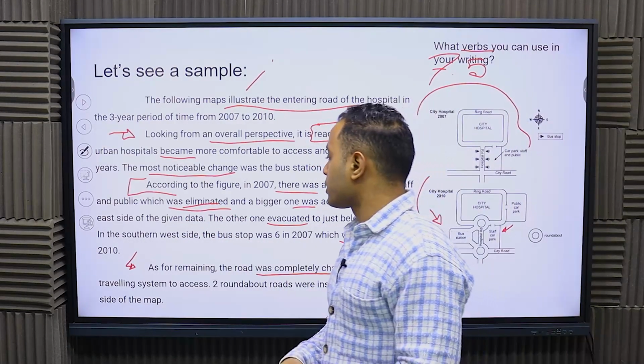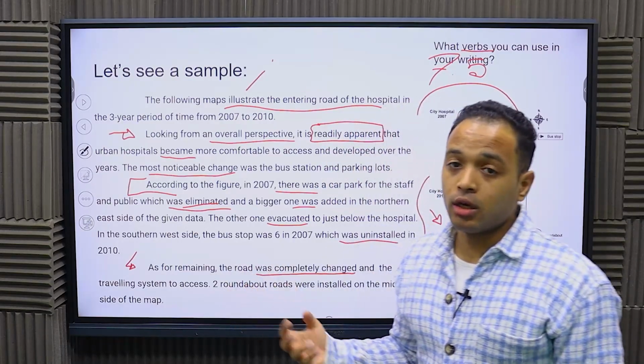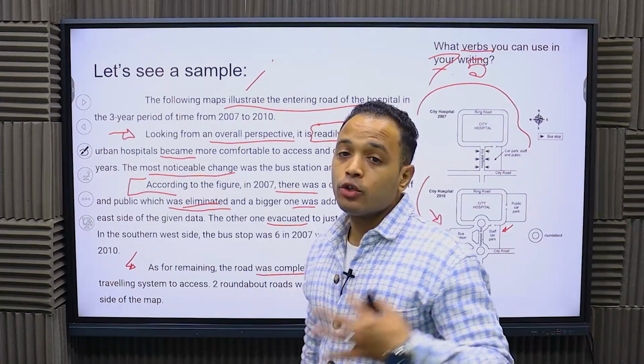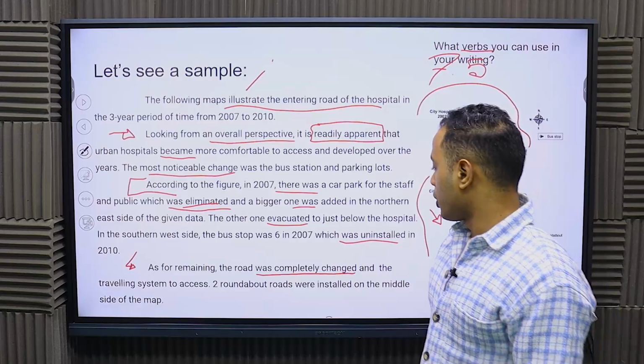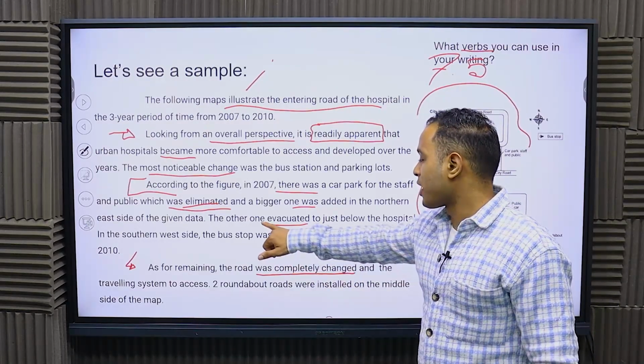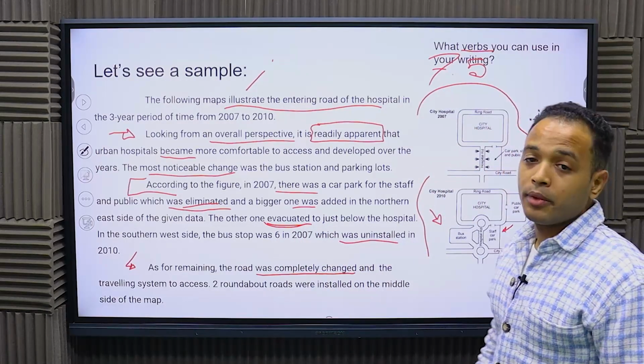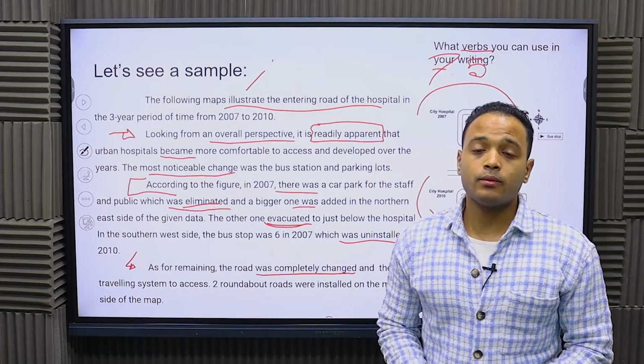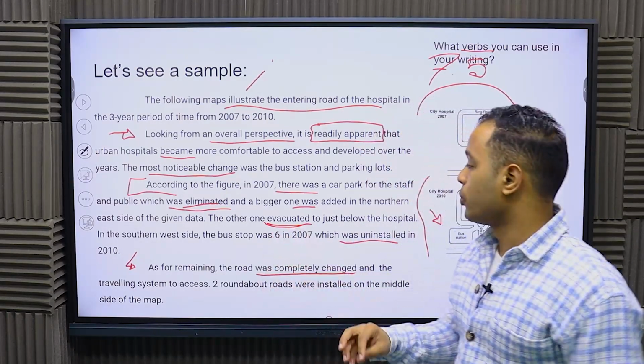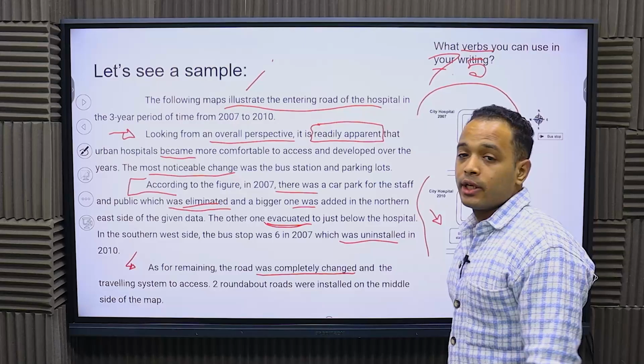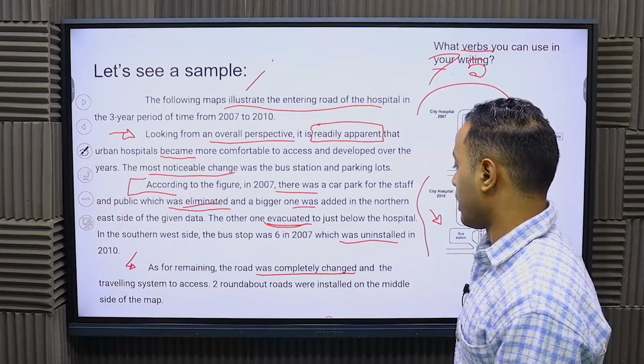Yes, that's a perfect synonym. We can say eliminated or removed or clear. So what about evacuated? Do you know the meaning of evacuated? Yes, evacuated is to get people out of a place or to get something out of a place.